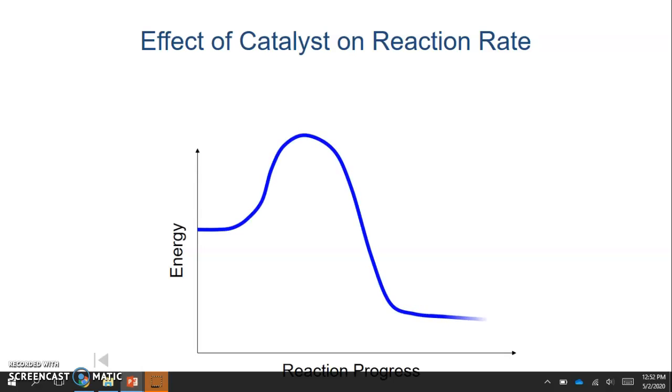And here is a little depiction of this. We've got our reaction progress, the time of our reaction, on our x-axis, and then our energy on our y. Again, we have our reactants on the left and our products on the right. And here is just a normal chemical reaction that's let to go on its own. So this is a natural reaction, with no catalyst.